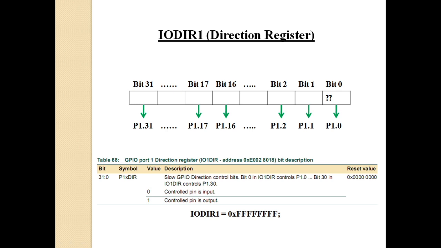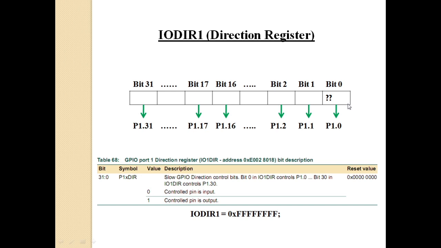And here you need to keep something in mind. In LPC2148, you only have pins from P1.16 to 31. So you need to configure only these bits. The other bits will be don't cares for you. Only P1.16 to 31 you need to configure.